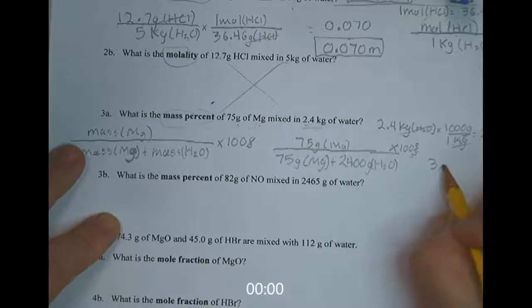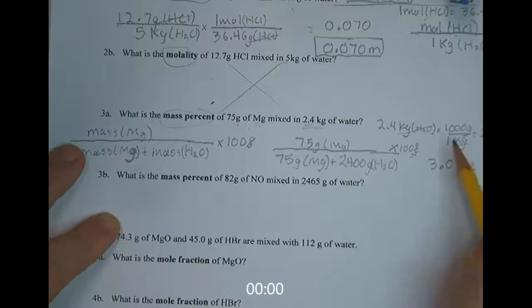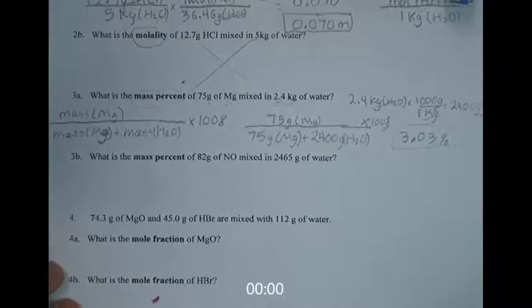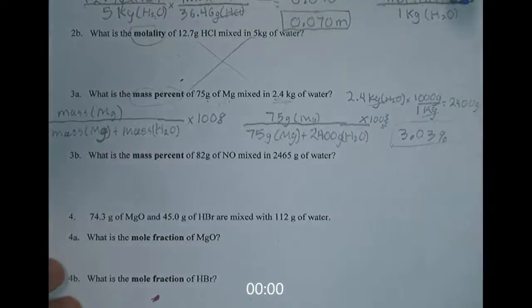And that gives us 3.03%. So magnesium is 3.03% of the mass of the entire solution. Okay, be sure you can see that over there. Sorry, it went off screen a little.